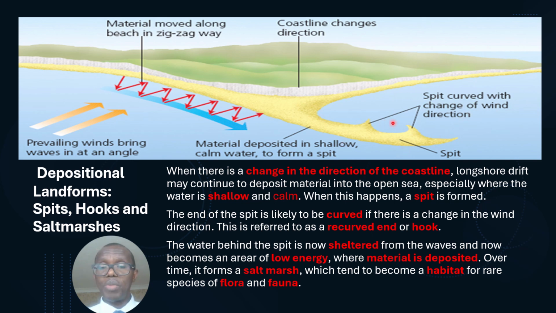Now, behind the spit over here, you're likely to have the development of salt marshes. And that is because you will have a lot of material being deposited here. Now, the reason for that is that this particular part here of the water has very low energy because it's sheltered by the spit on this side and sheltered by the coastline on this side, and if you look here, this is the direction of the prevailing wind, so it's really not being reached by the waves as much.